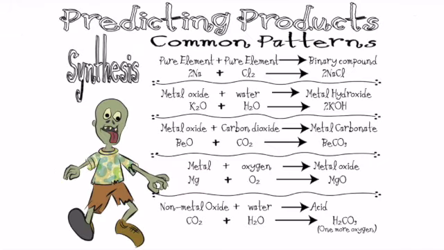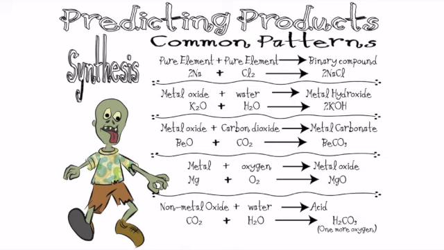Predicting products with synthesis. So the common patterns: if you have a pure element and another pure element, you'll make a binary compound, like sodium plus chlorine yields NaCl. A metal oxide, like potassium oxide, plus water will yield a metal hydroxide.